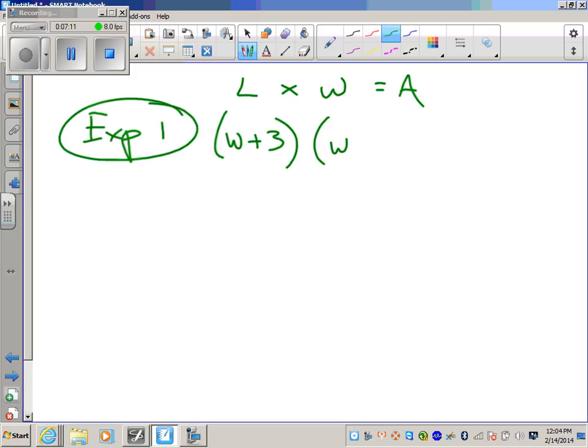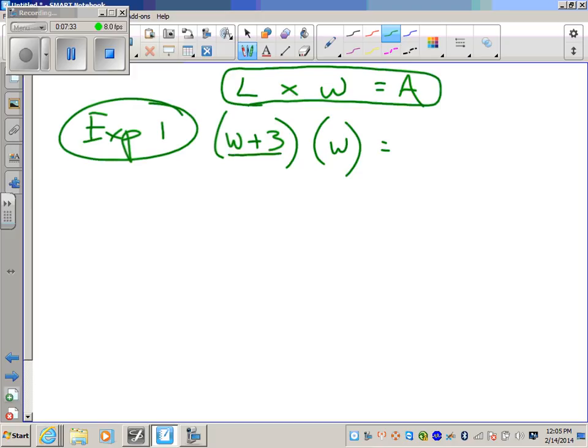The length is 3 meters greater than its width.